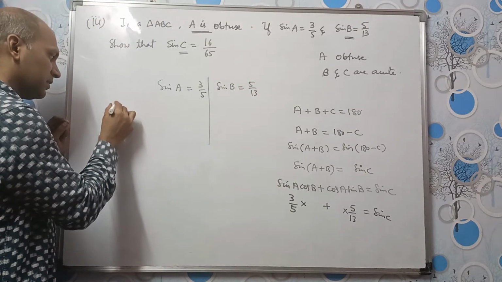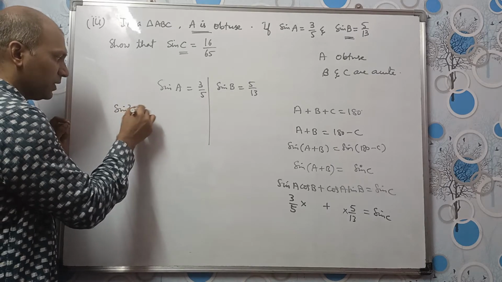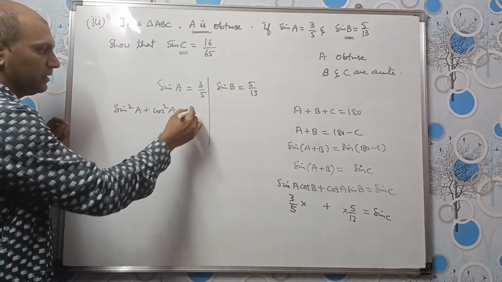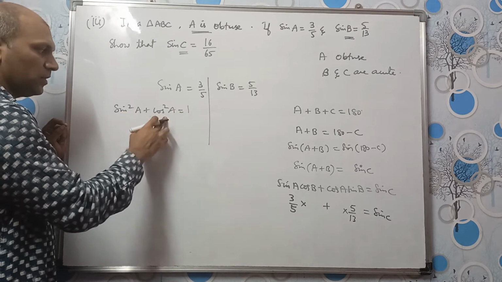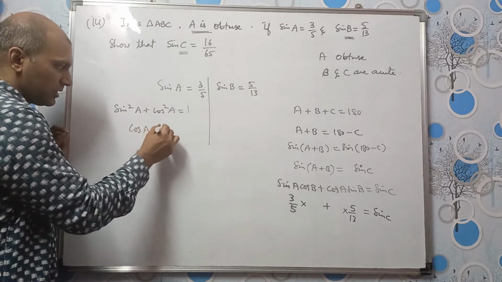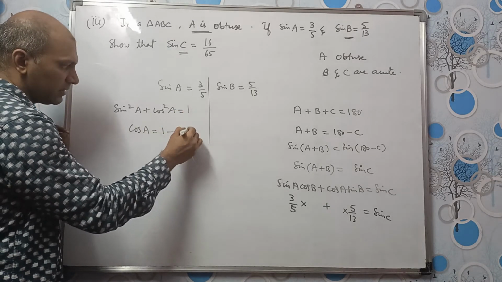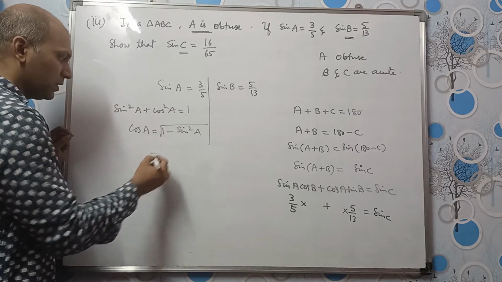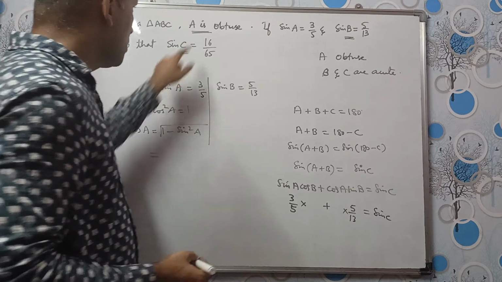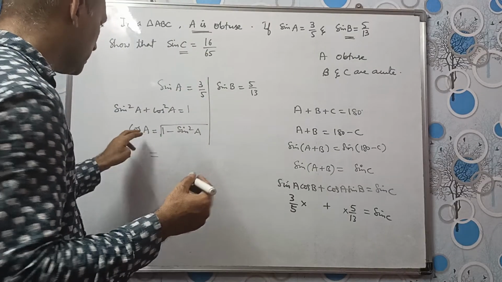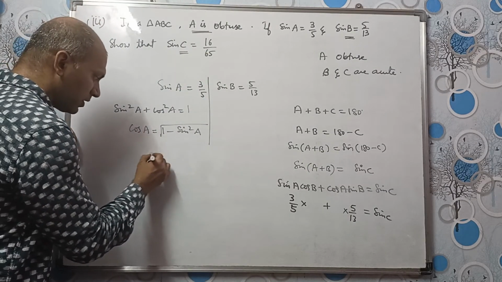Sin A is given. So can we write sin square A plus cos square A is equal to 1, this identity, and find the value of cos A? Yes. So cos A, this sin square goes on the other side, becomes minus, and the square goes on the other side, becomes root. And A is obtuse, which means A lies in the second quadrant. That means cos should be negative, right? Cos A should be negative.